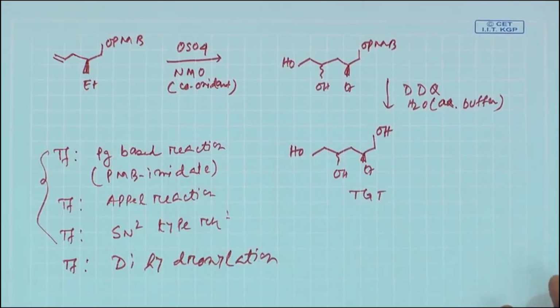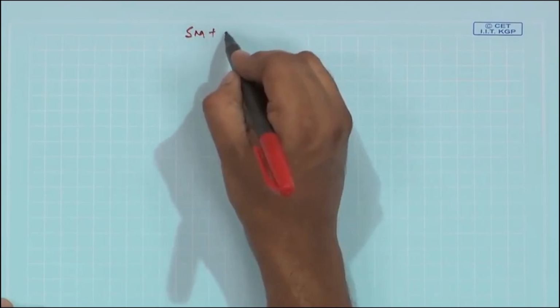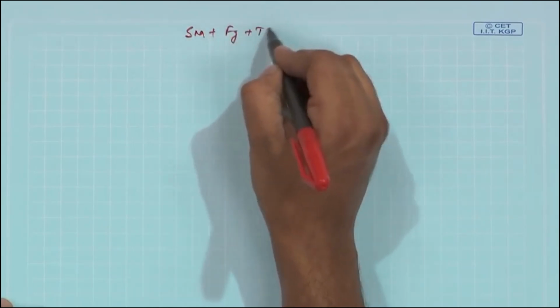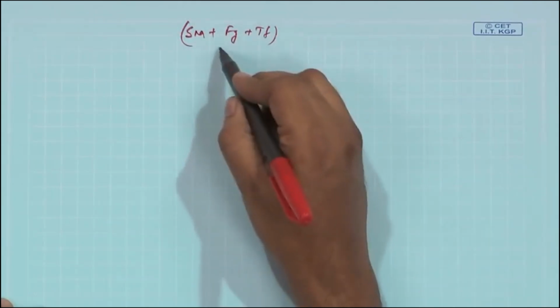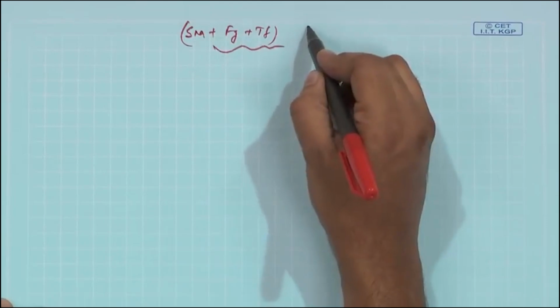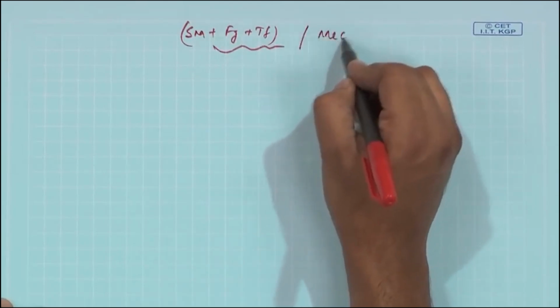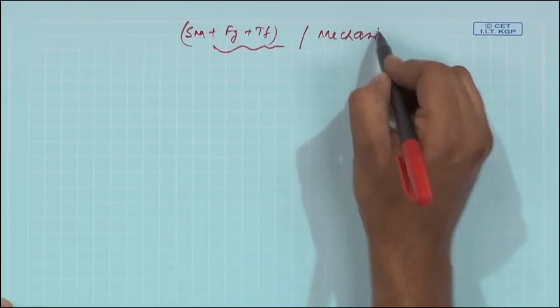So, those are the finer aspects you need to always think about. Now, besides functional group transformation based strategies, sometimes we can talk about another strategy which is basically similar.